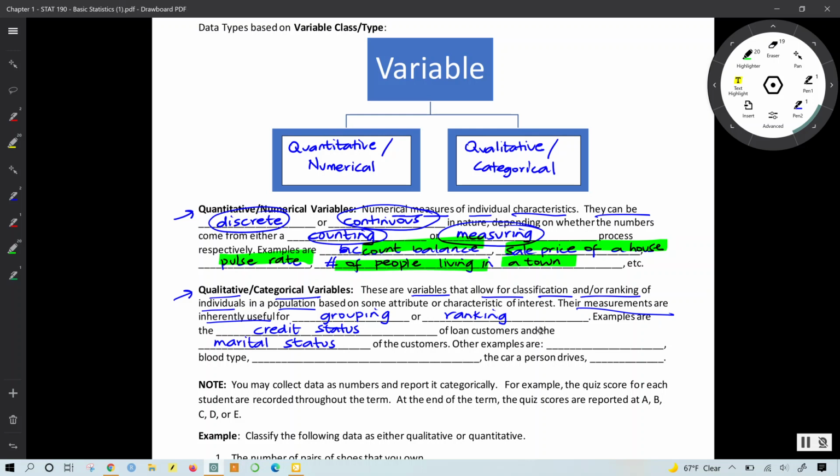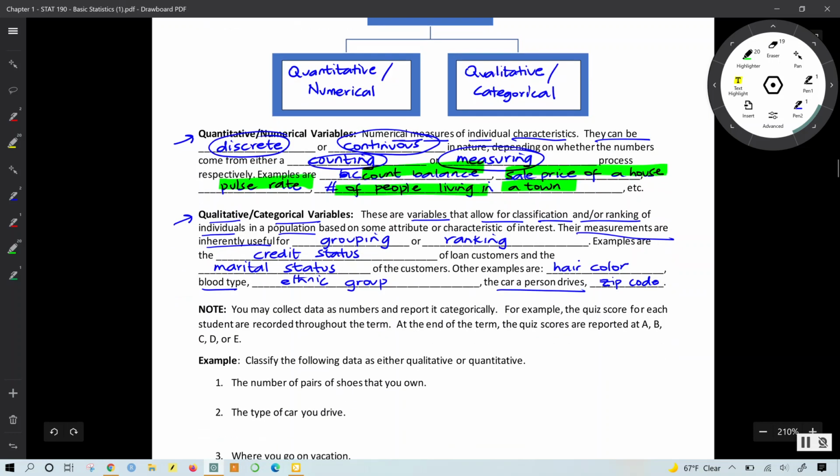And other examples are hair color, blood type, ethnic group, the car a person drives, and possibly the zip code that you live in. These are all categorical variables that can place us in one group away from other groups.